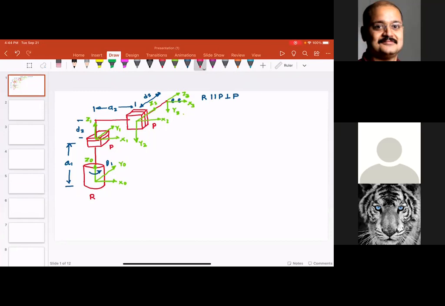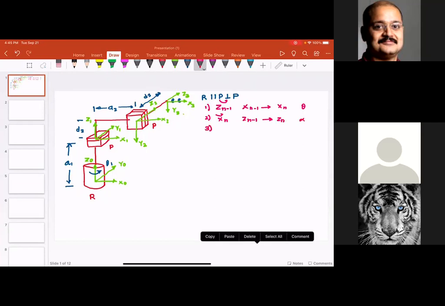Now I'm going to write down the rules for DH parameters, and I'm going to give you a shorthand notation. First, rotation about Zn minus 1 so that Xn minus 1 aligns with Xn. This is a shorthand notation for theta. Second, rotation about Xn so that Zn minus 1 gets aligned with Zn, that is alpha.